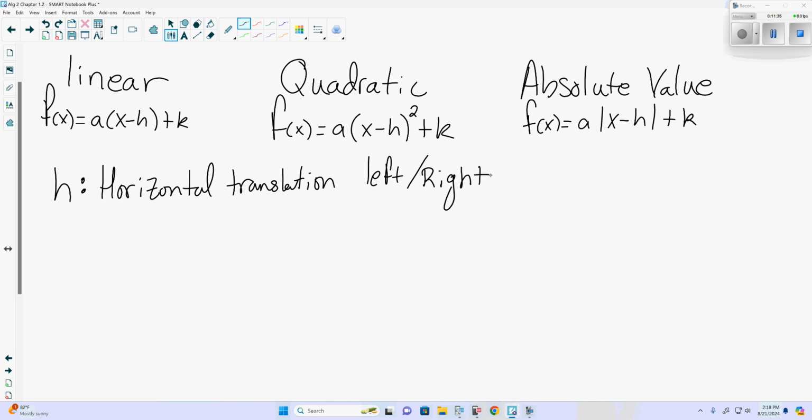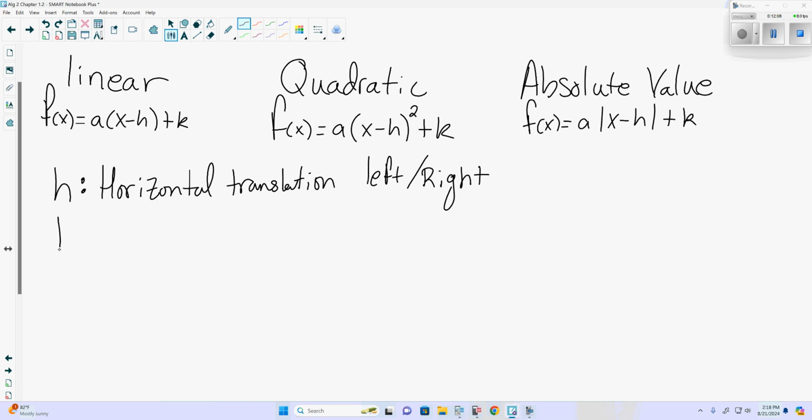I'm just going to put it underneath, because each one of these, linear, quadratic, absolute value, is going to do the same thing. So whenever we have a value in that H spot, inside those parentheses, it's going to move that function to the left or to the right. It's going to move it in one of those two spots. If there is no value inside the parentheses or absolute values, that function is not moving left or right from where it started. Okay?